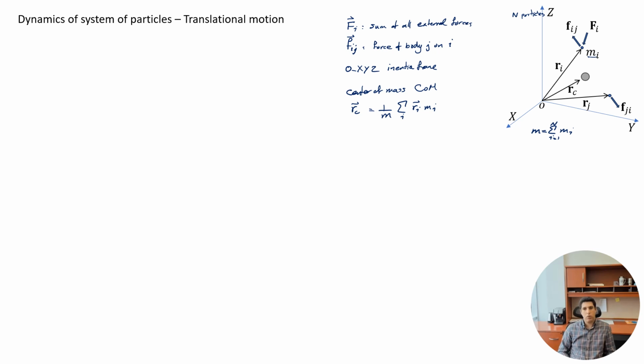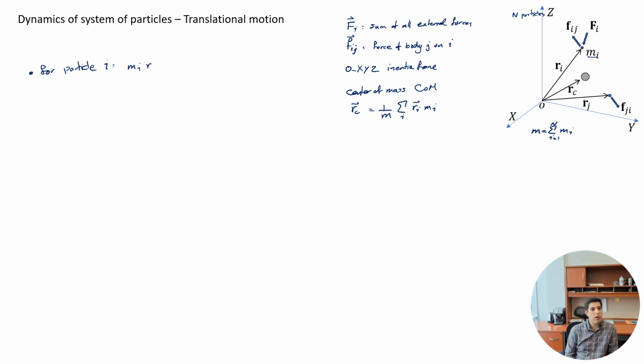So this is the setup. We know a bunch of particles, where they are, how they are interacting, their forces, and center of mass. So for just one particle, particle i, we know Newton's second law.